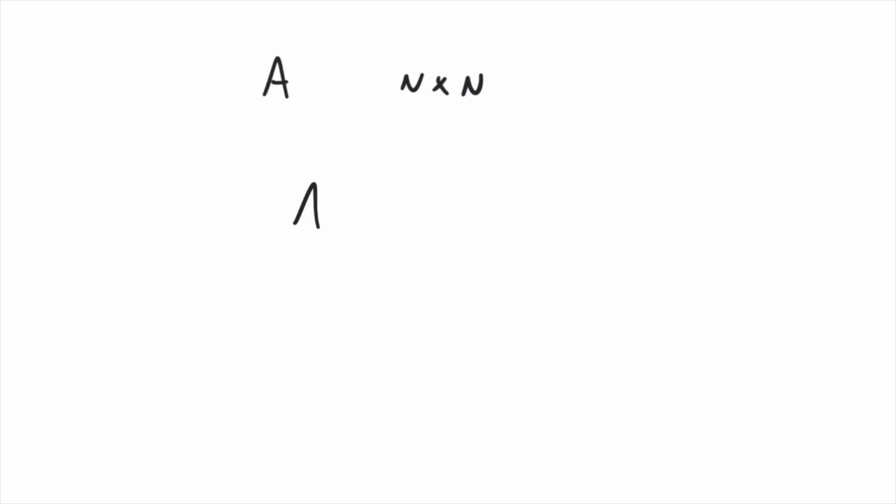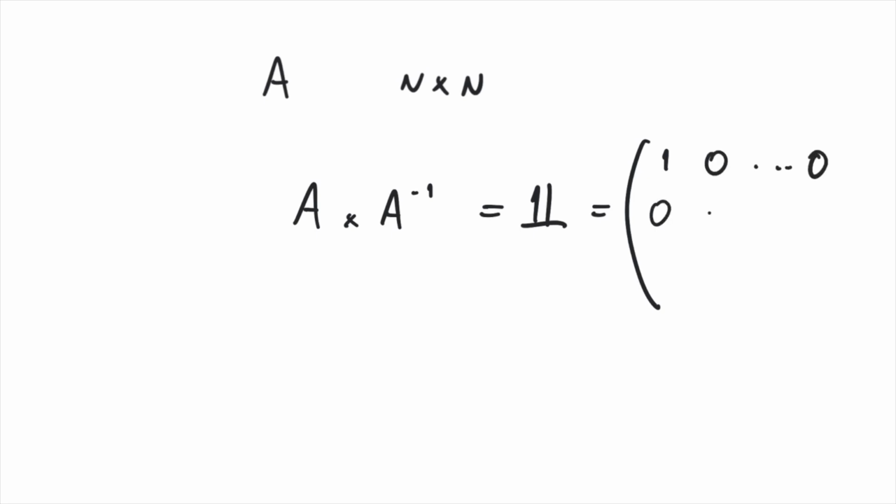We want to find some A inverse such that this is the identity matrix, where the identity matrix is just a matrix that has 1, 0, and so on, and 1 in the second position, and so on. So it only has ones in the diagonal here, and all zeros in all other places.